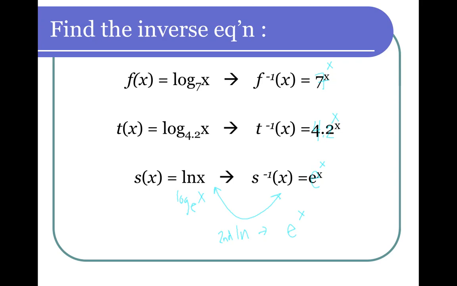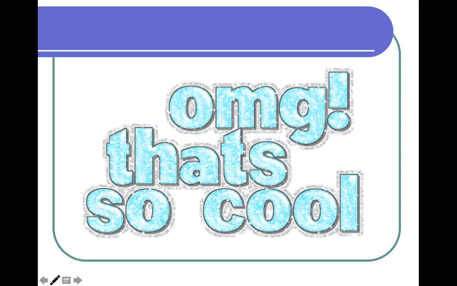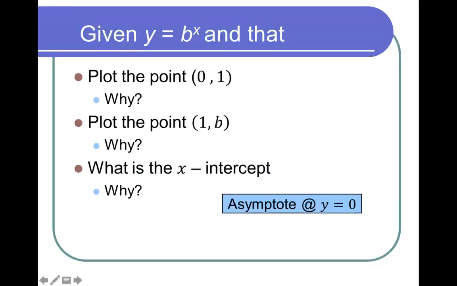So I like to approach logarithmic functions thinking about the exponential function first, and then just thinking about it in terms of an inverse instead of trying to create something totally separate, right? So this is really neat that we can do this. So we're going to start with just the base function b to the power of x. So just like I said, we're going to plot the point 0, 1, right, which is the y-intercept, or the starting point. And then we're going to plot the point 1, b, right?